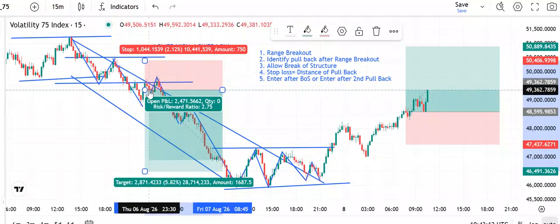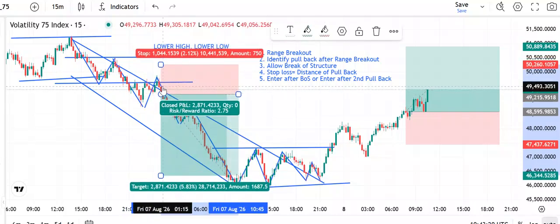So if you enter at this second candle, you are still covered. Or if you enter at this second bearish candle, to show that you have a swing high and your pullback is established, you are still covered. Okay.